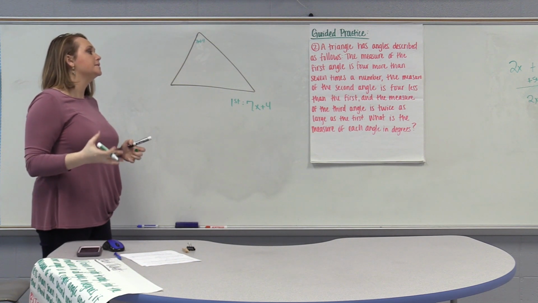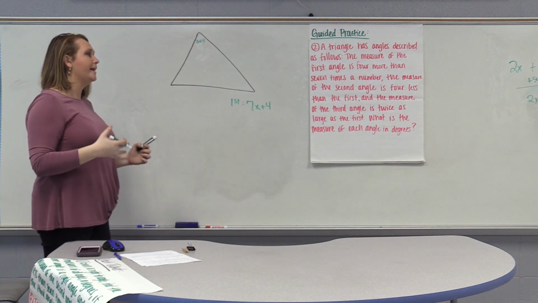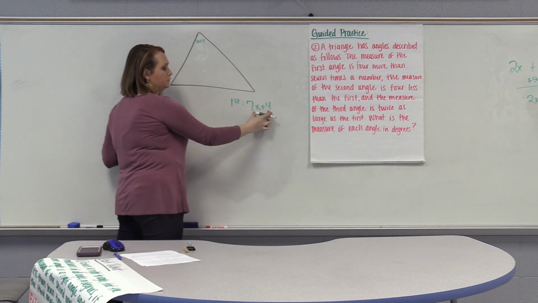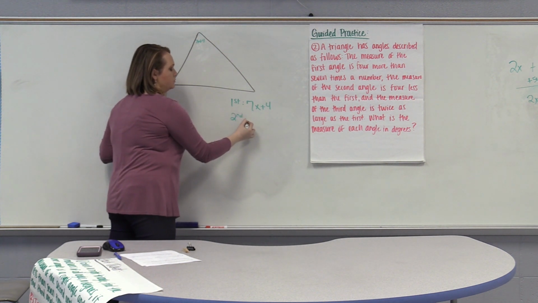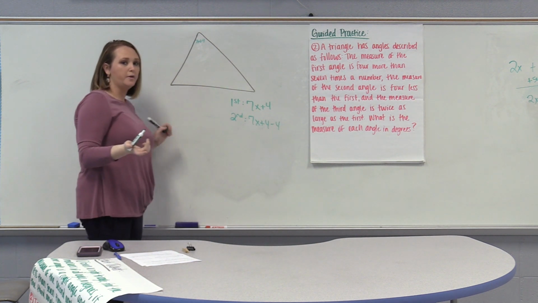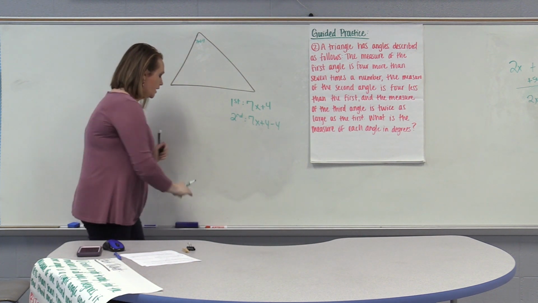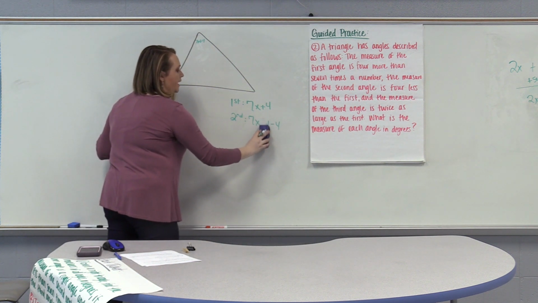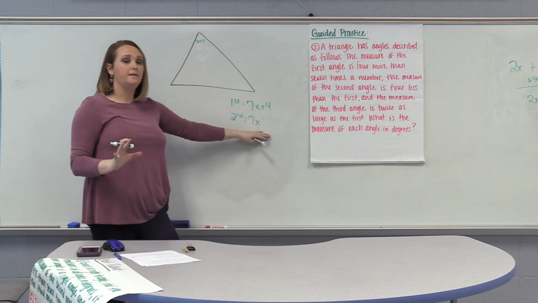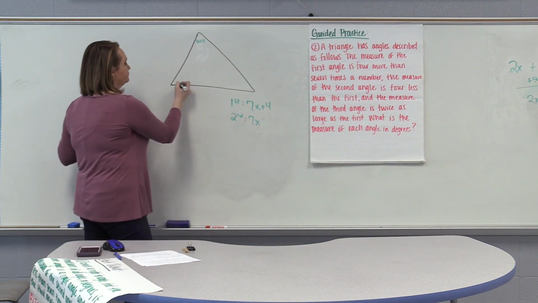Now the measure of the second angle is 4 less than the first. So I'm taking this expression for the first angle and I'm subtracting 4. Well, notice if I subtract 4, I'm just left with 7x. So for simplicity, I'm going to leave this as 7x.